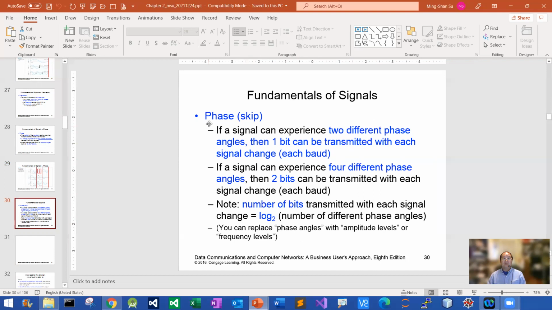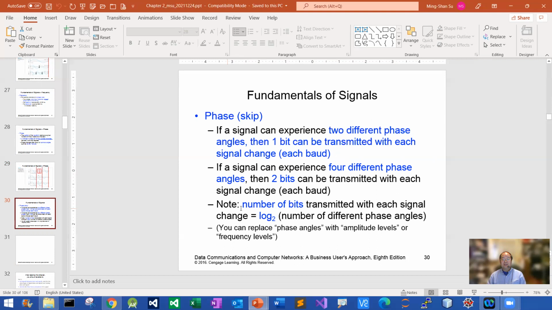If a signal can experience 2 different phase angles, then 1 bit can be transmitted with each signal change, during each baud. Again, later we'll learn about this term. If a signal can experience 4 different phase angles, then 2 bits can be transmitted with each signal change.